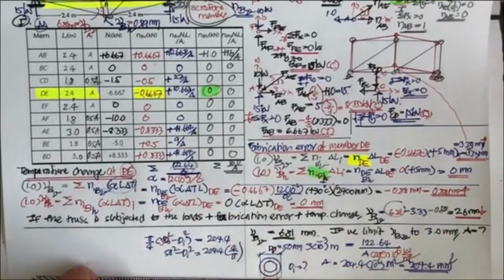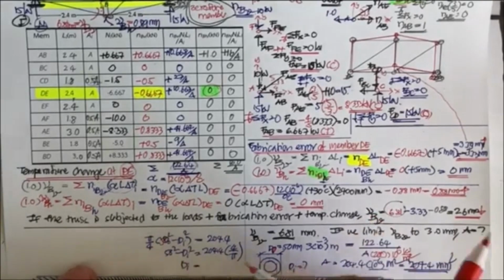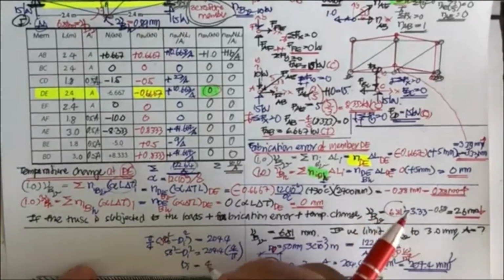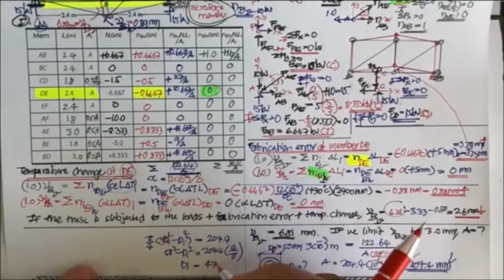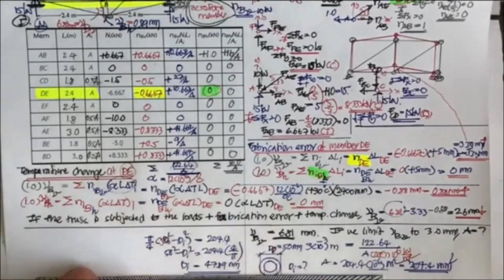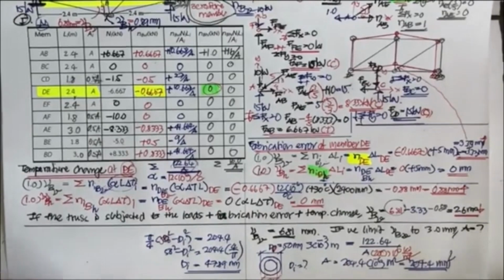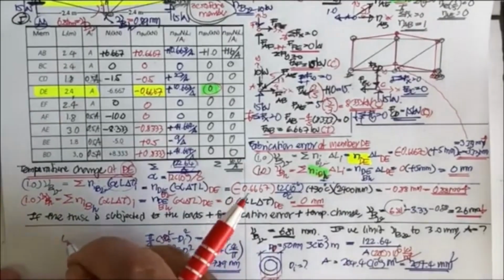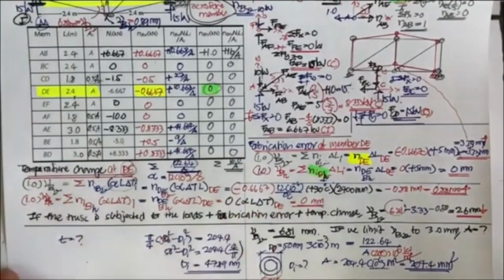Now you can do it easily. You can determine D sub I, and it's going to be 47.89 millimeter. So just do this calculation. And if you would like to find the T, how much is the T?